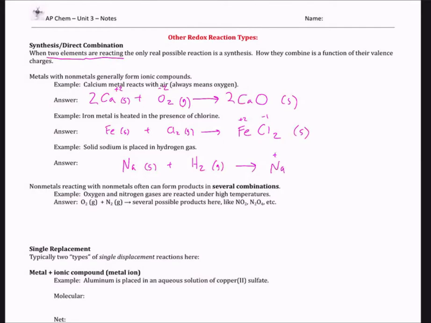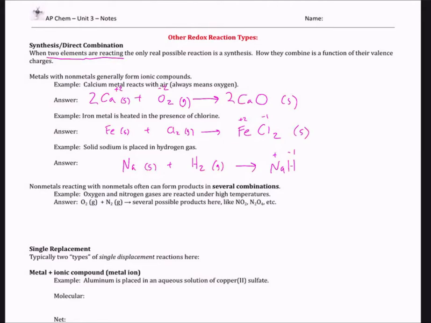And hydrogen, you are used to seeing as +1. But when hydrogen is combined with metals, hydrogen will be negatively charged. That's pretty much the only time you're going to see hydrogen negatively charged. So this is sodium hydride.